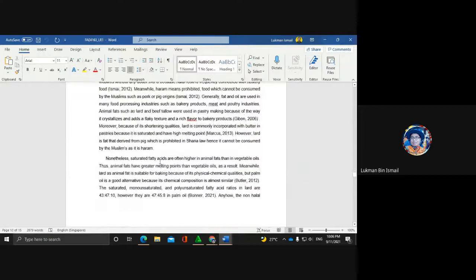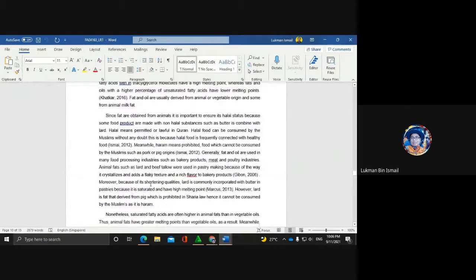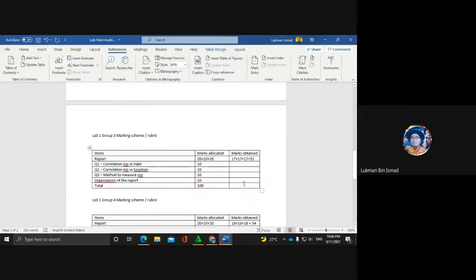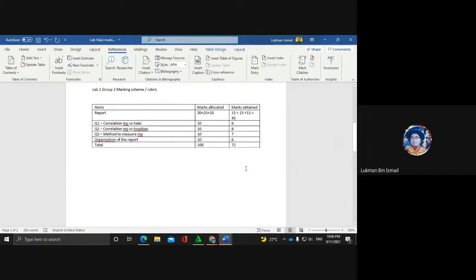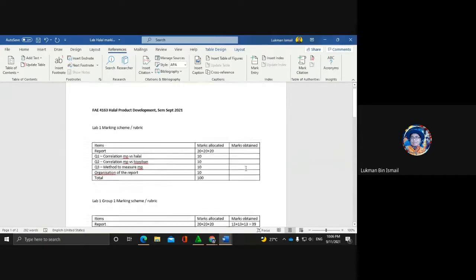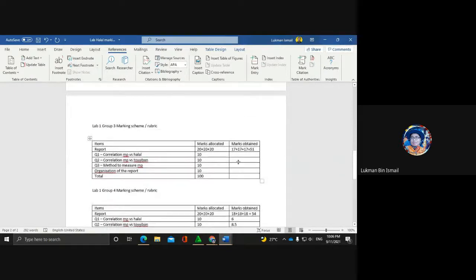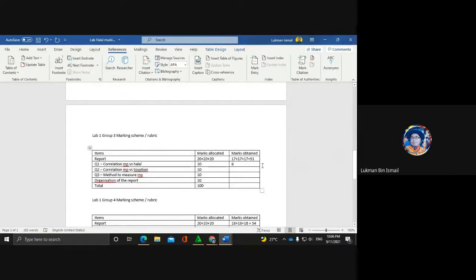Untuk lard, tak ada contoh melting point untuk plant base. Yeah, so you don't understand the basic question. You don't understand. Six.